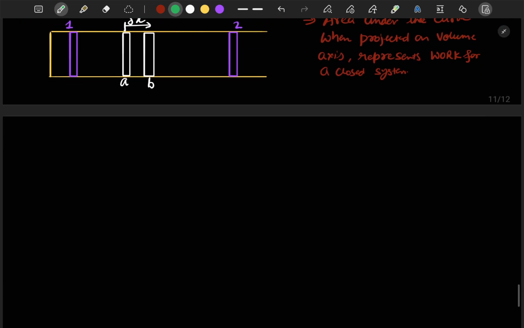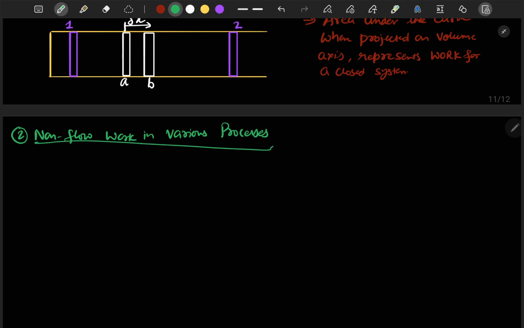The second thing is non-flow work for various processes. Since non-flow work is given by PDV, we also write it as PDV work in various quasi-static processes.